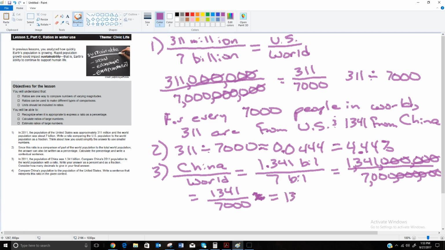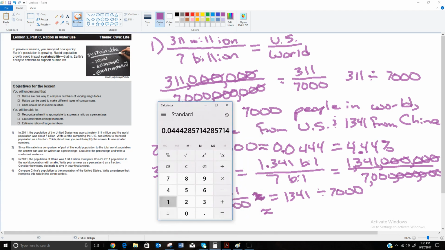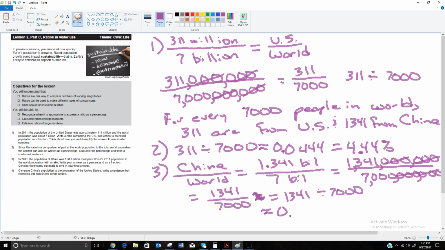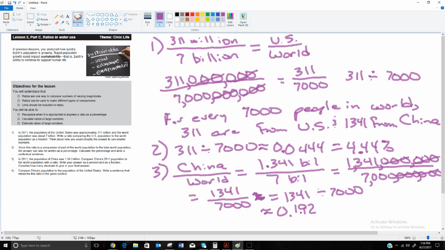So that would be equal to 1,341 divided by 7,000, which comes out to be approximately 0.1915, and so I'm going to round it to this third decimal spot, but since it's a 1 with a 5 after it, I'm going to round it to 0.192, which is 19.2%. So 19.2% of the world's population is from China.